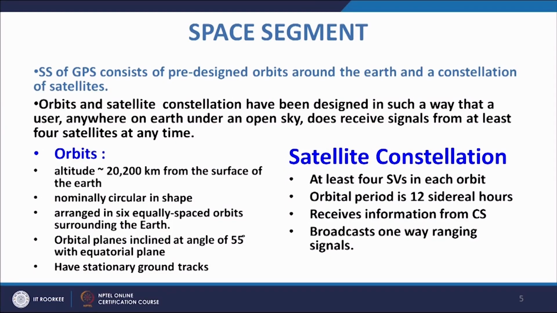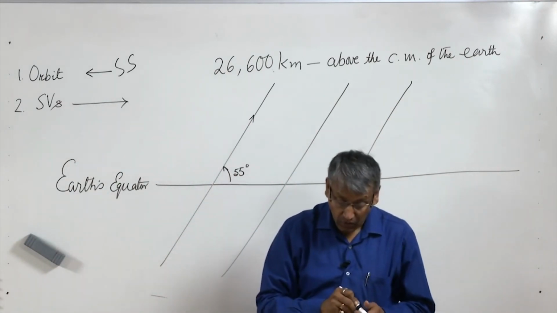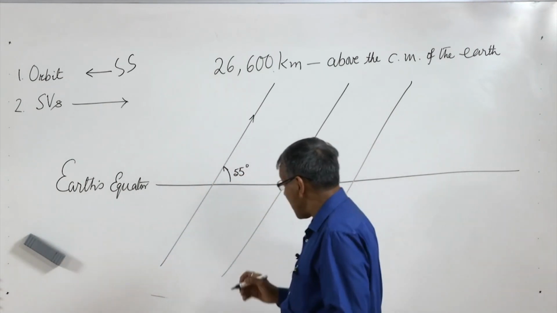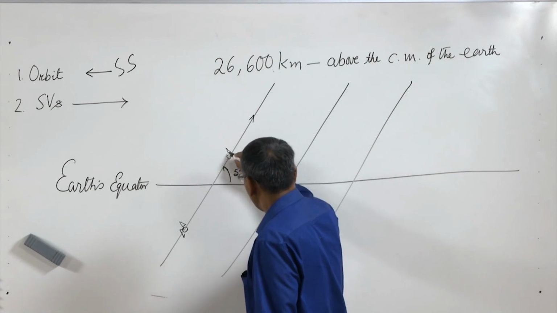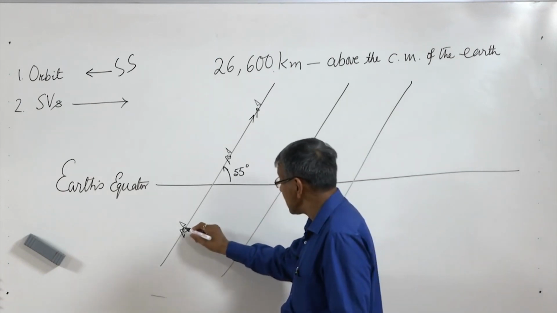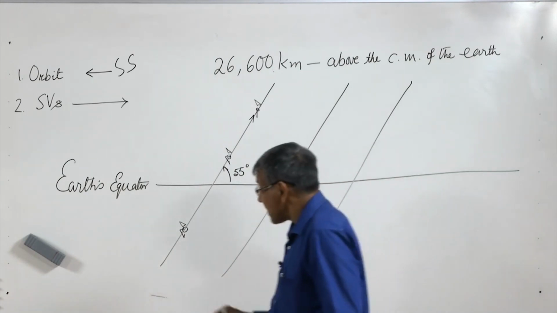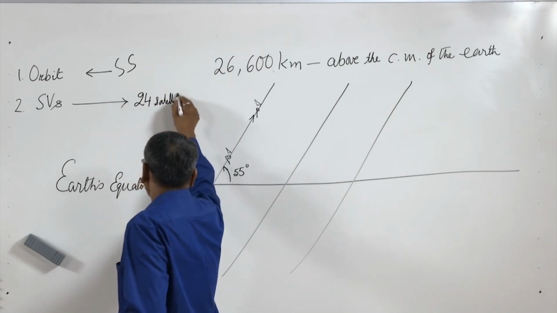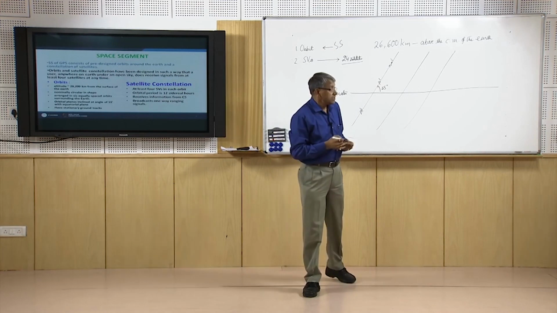Now, the satellite constellations are designed in such a way that there are at least 4 satellites available along each orbital plane, more or less equally spaced, and thus there are at least 24 satellites in the satellite constellation of the GPS system.